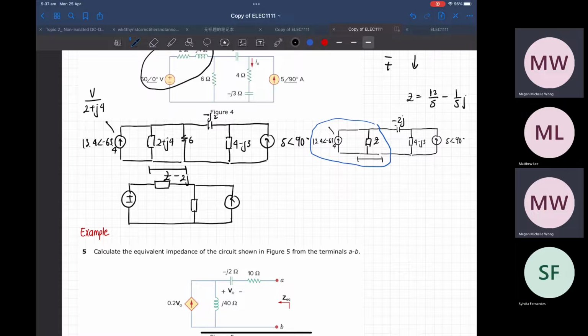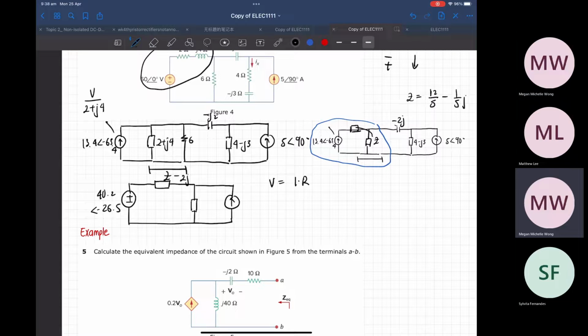When you source transform it, the Z will go to here, which will become in series with this capacitor. And this voltage would be 40.2 angle minus 26.5, which is your I times R.